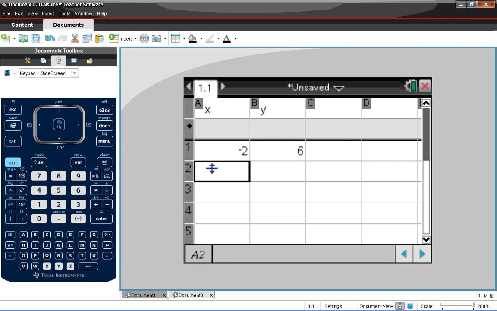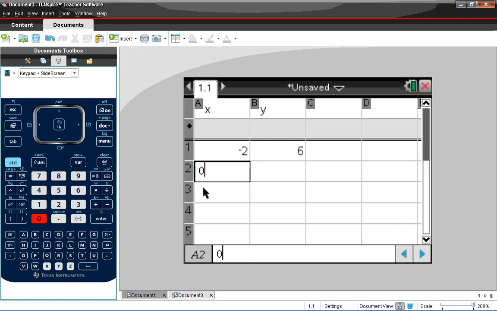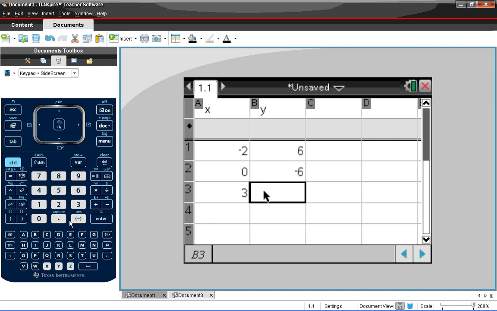We got the point 0, negative 6, so there's 0, negative 6. And finally the point 3, negative 9.